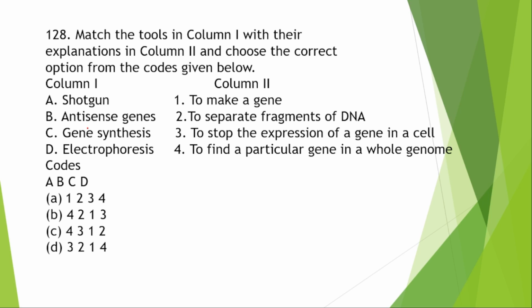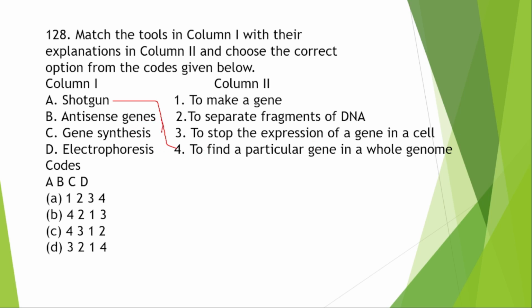128. Match the following type question. Match the tools, column 1 with column 2. Shotgun, it is to find a particular gene in a whole genome. Antisense gene is to stop expression of the gene in a cell.